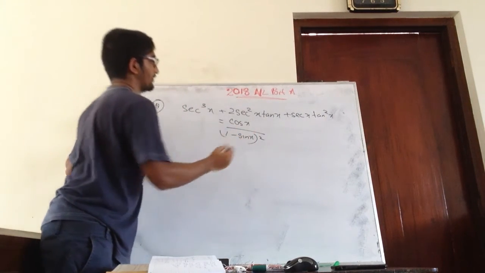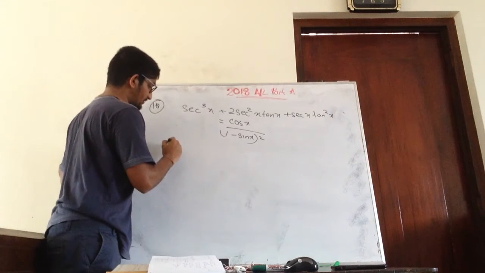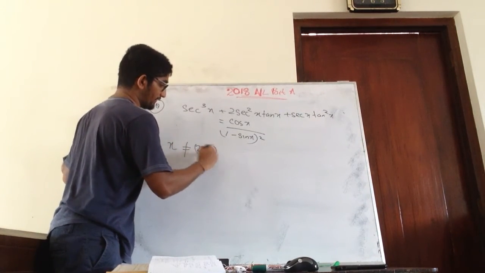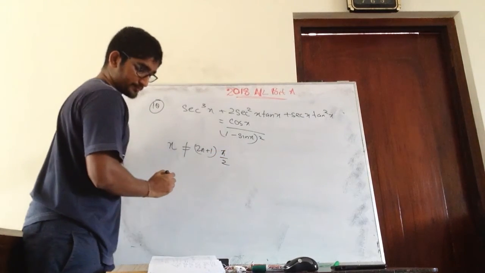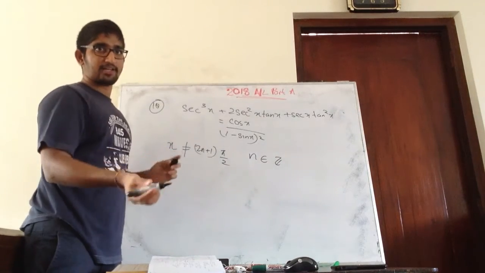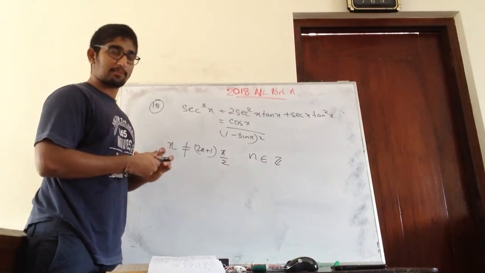Apart from that it says x is not equal to (2n plus 1) pi over 2, where n is an integer. So integer means it can be minus or plus.